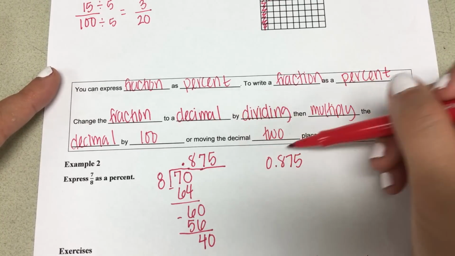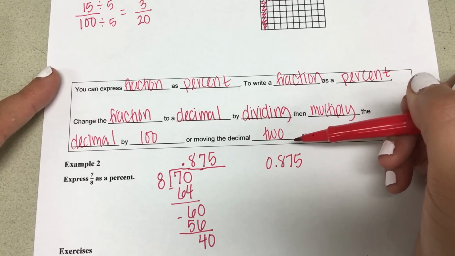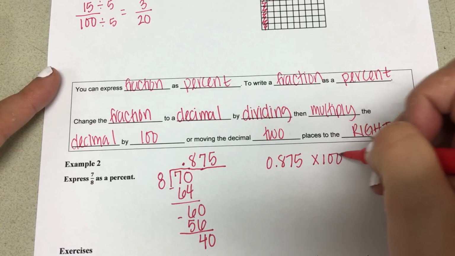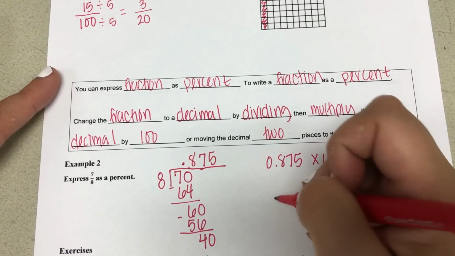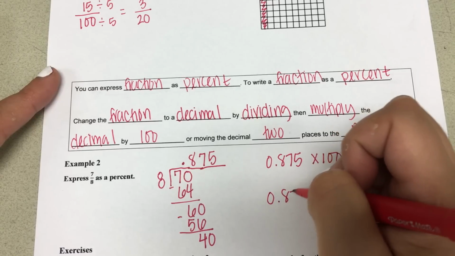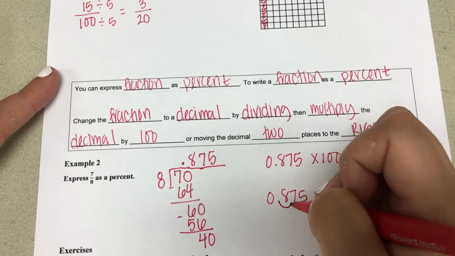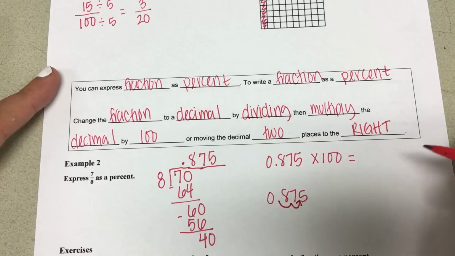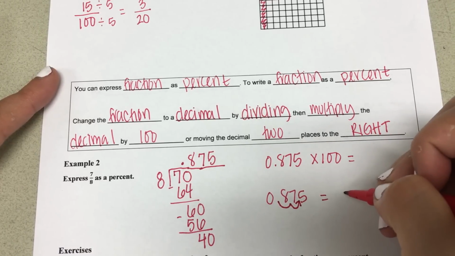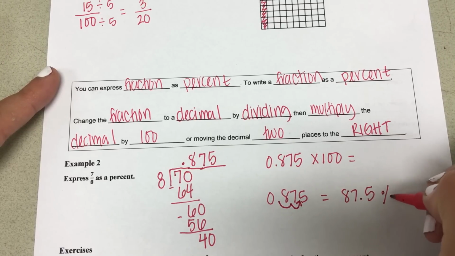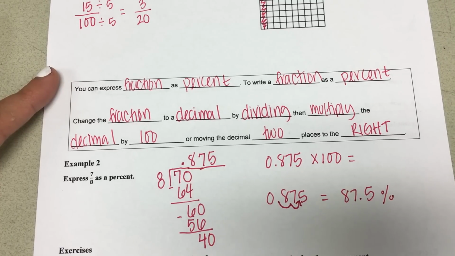So in order to change this decimal into a percent, we can either multiply by 100 or we can move the decimal 2 times, 1, 2, to the right. So we would have 87.5%. Okay?